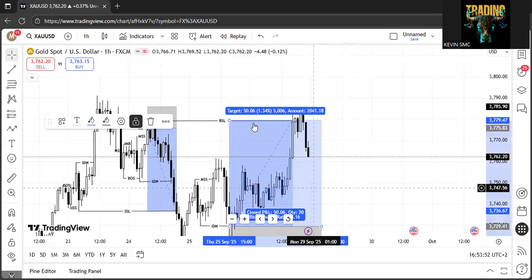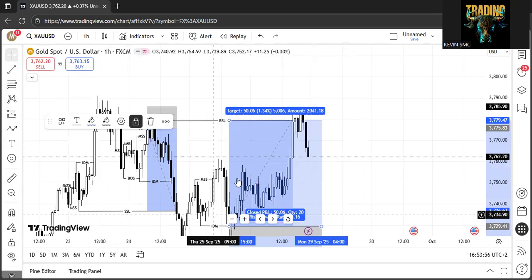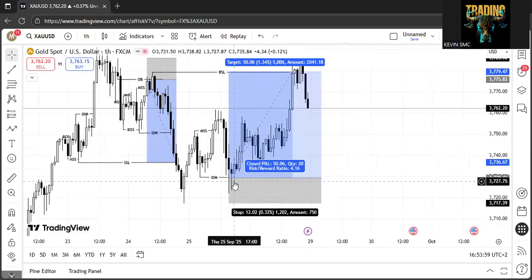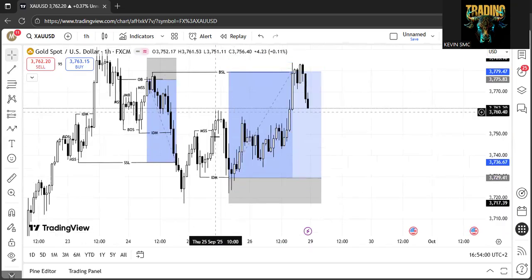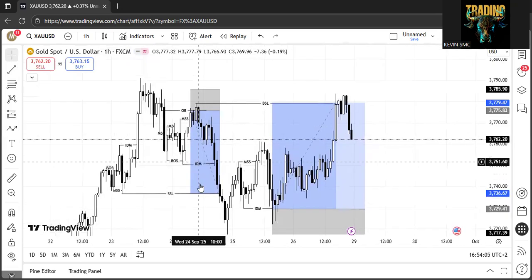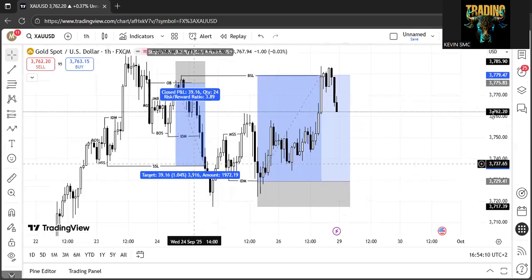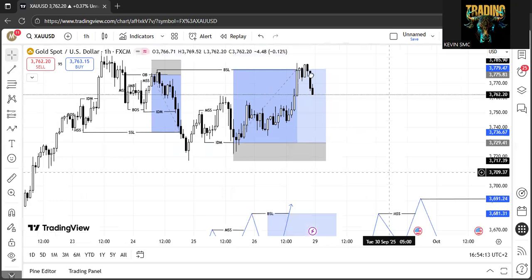For example, for this one, 50 pips. Therefore, if you got a nice entry from there this month, you got 1,000 per entry with lot 0.01, and then here you got 39 pips, and that's how normally this week was.